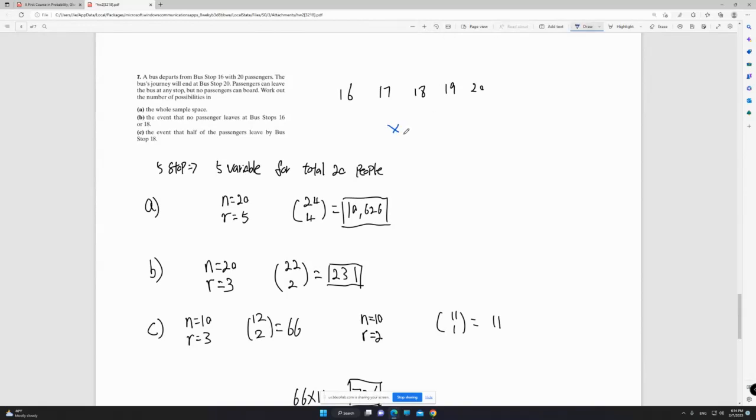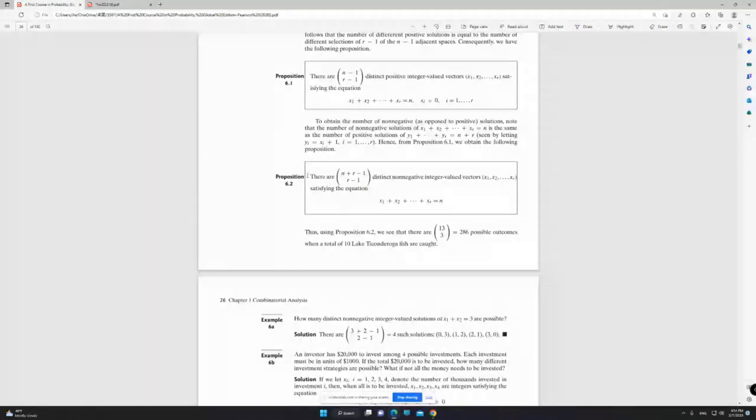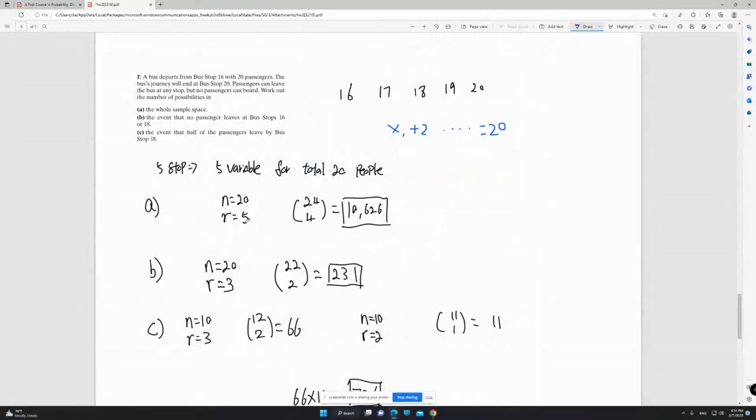So there's station 1, station 2, and there's total 5, and there will be 20 people getting off the bus. And applying the 6.2 formula, n would be 20, r would be 5, and that would be 20 plus 5 minus 1, and 5 minus 1. That would be 24 choose 4.